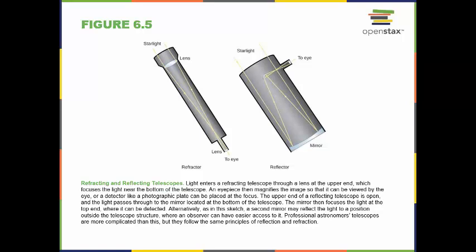One thing to note is that the secondary mirror in the reflector doesn't cause you to have a hole in the picture. So it's not like you'll see a picture of the sky and then there'll be a black circle in the center caused by that secondary mirror. It still gives you a full picture of the sky.